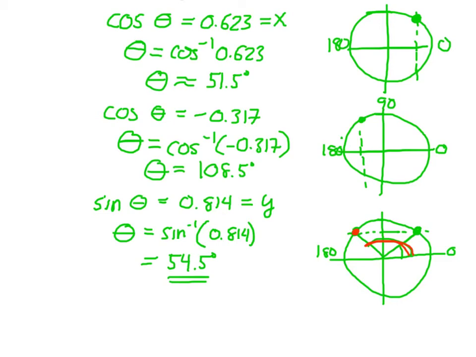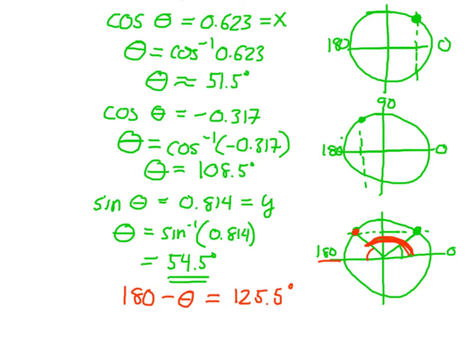We know that this angle right here has the same value as theta, and if this is 180, then this angle is simply 180 minus theta, which in this case is 125.5 degrees.